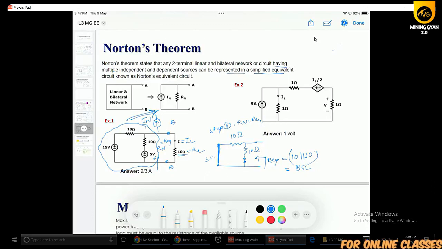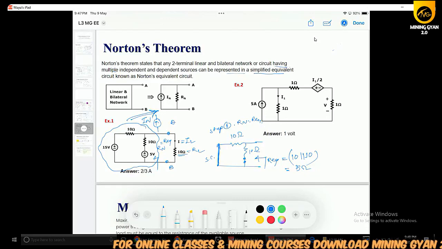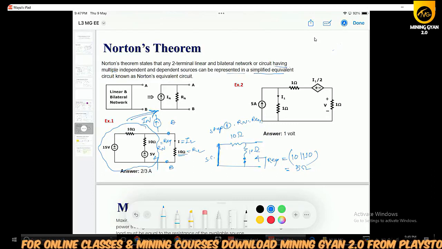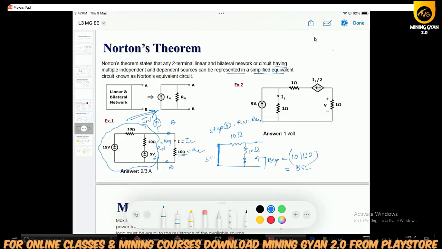So this will be your total current. So IL, after applying the current division rule, will be total IN into Rn divided by Rn plus RL. That will be the load current that is flowing across this RL load. This is how you can convert the given circuit into a Norton's equivalent circuit.